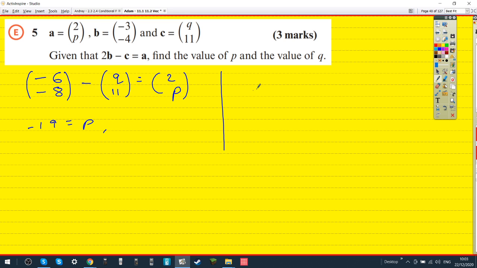Just solve the equation. -6 minus Q equals 2. Add 6 to both sides, which gives you 8 minus Q equals 8.